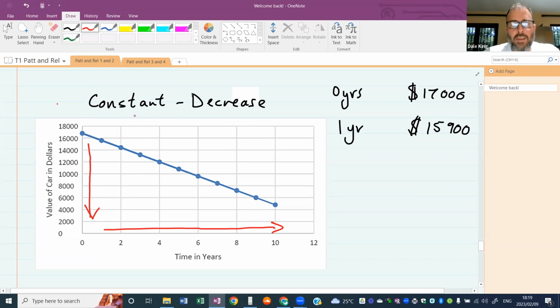So this is a constant decrease linear graph. And you do see these graphs sometimes in exams. It just means that as the x value is increasing, the y value is decreasing.